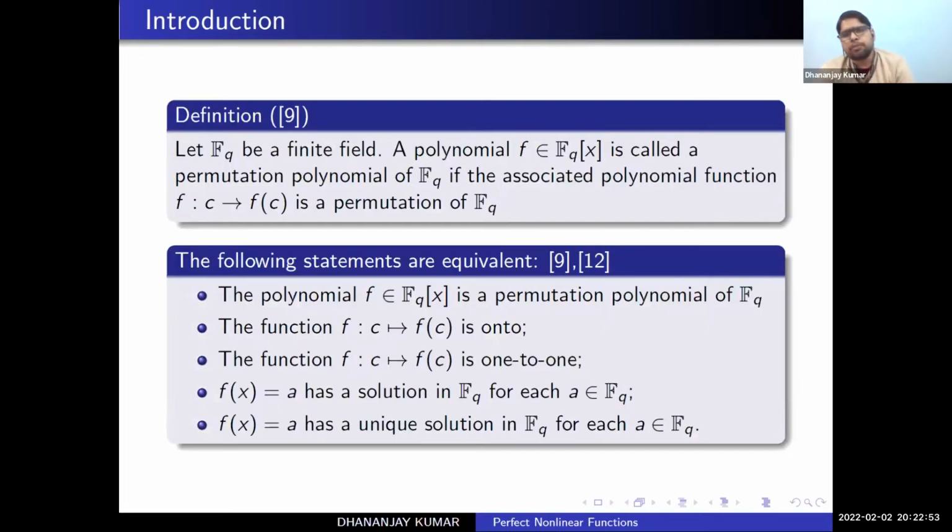Suppose Fq is a finite field. Then a polynomial f over Fq is called a permutation polynomial of Fq if its associated function f is a bijection of Fq.